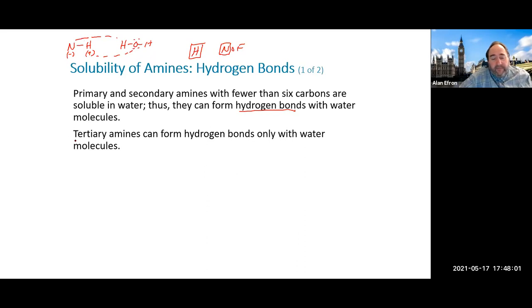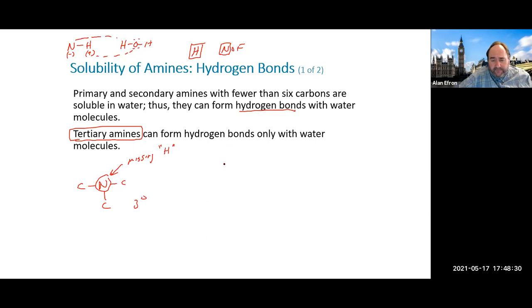Our tertiary amines are out of luck in terms of interacting with water. That's because a tertiary amine would basically have 3 carbons attached. It's missing the hydrogen that would be needed to make a hydrogen bond. So our tertiary amines really can't participate in hydrogen bonding because they lack that hydrogen on the nitrogen.